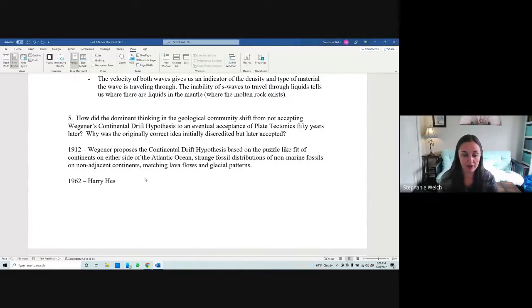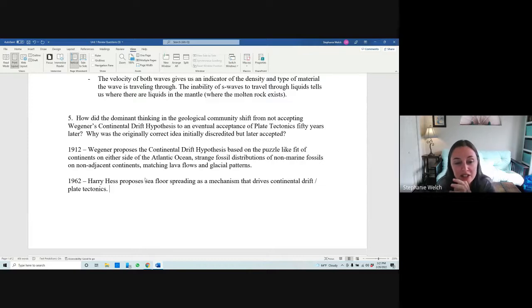Harry Hess, in post-World War II America, comes up with the very earliest stages of what we call the plate tectonics theory. He proposes seafloor spreading as a mechanism that drives continental drift and plate tectonics.